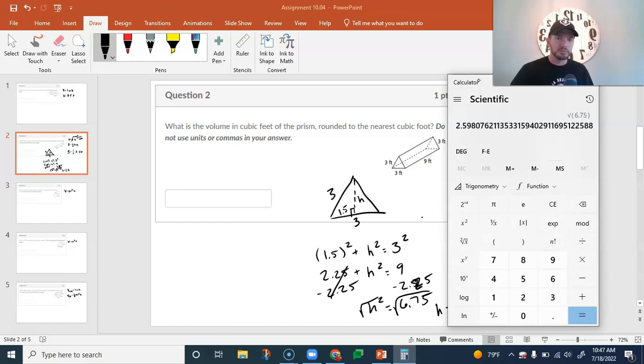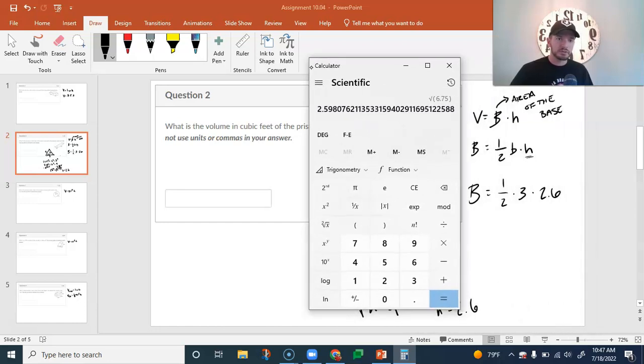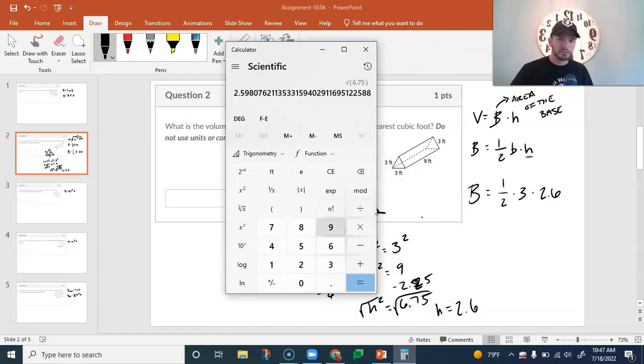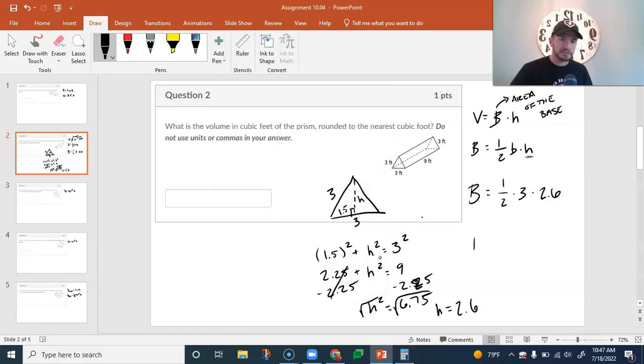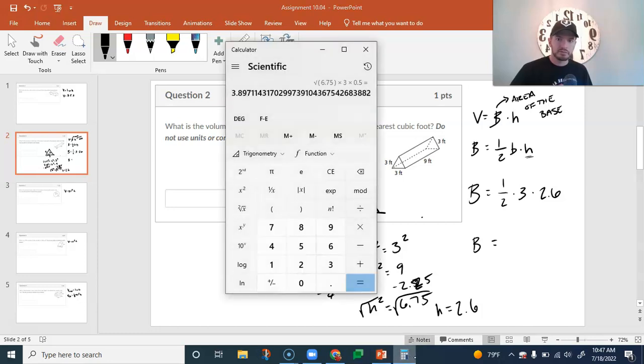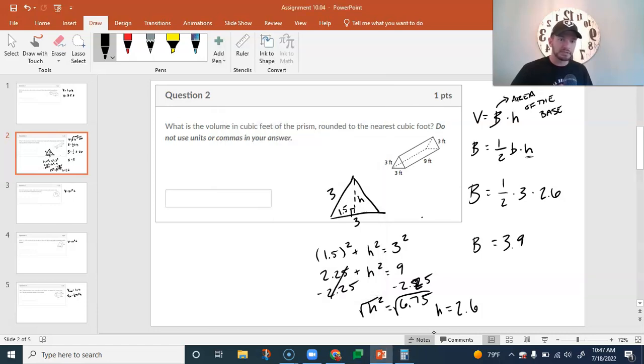So we're going to do this number times 3 and then times 1/2. So the area of the base is about 3.89. We can probably just say 3.9 to make it easier. And that will be in square feet.